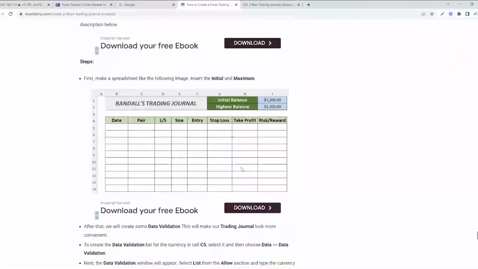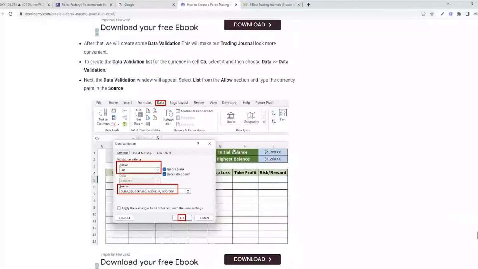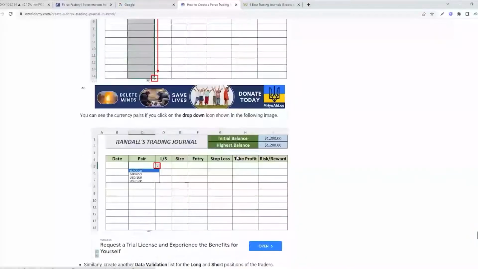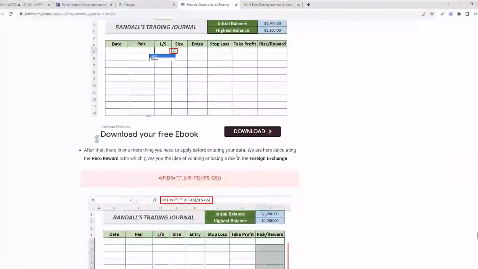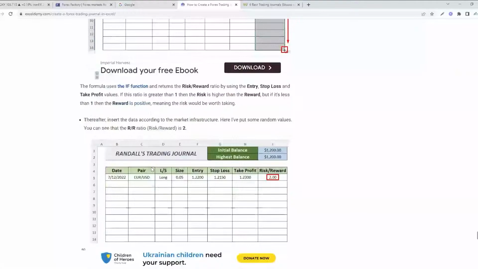So it's fairly straightforward. And of course, there's also various videos on YouTube as well to help you start your first manual trading journal if you do run into a bit of trouble, right? Or a bit of difficulty trying to set it up. So this is quite straightforward here. And of course, you can add any other columns that would be of importance to you.